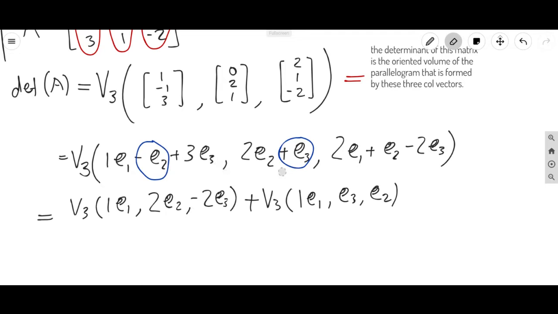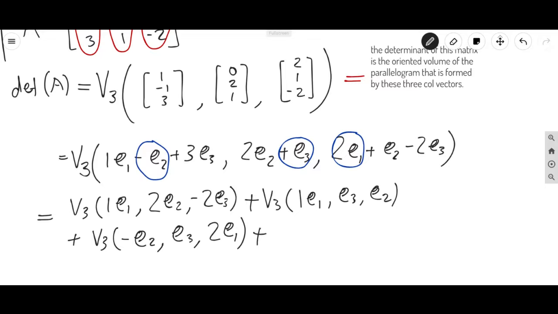And now if you pick E2 and E3, you're forced to pick E1. And then you would write plus V3 of minus E2, comma E3, comma 2E1. You write it like this, then plus.